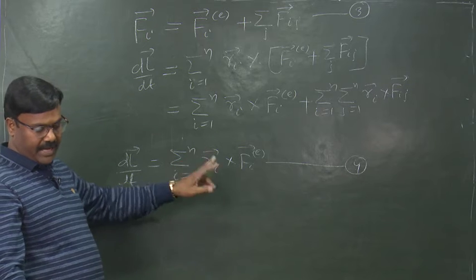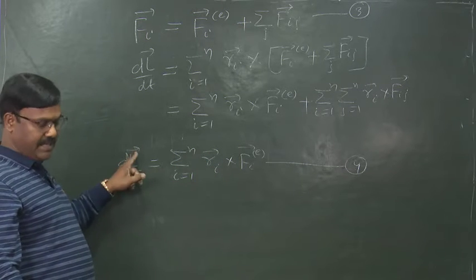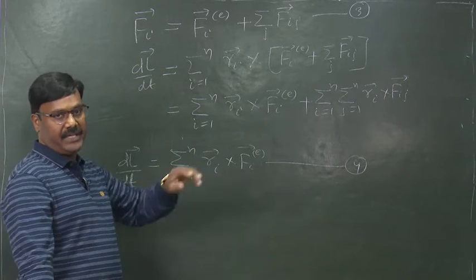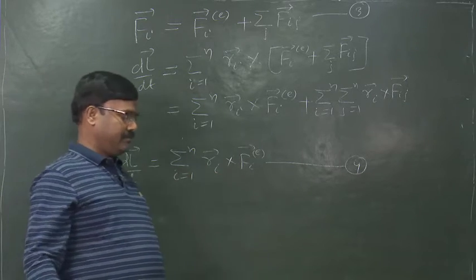Here we have arrived at the term dL/dt is equal to r_i cross F_i external.